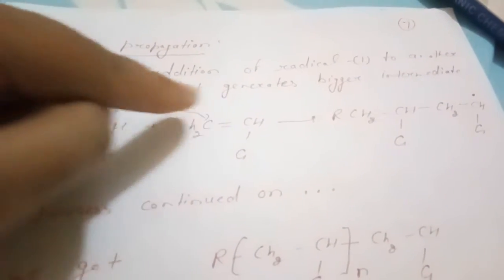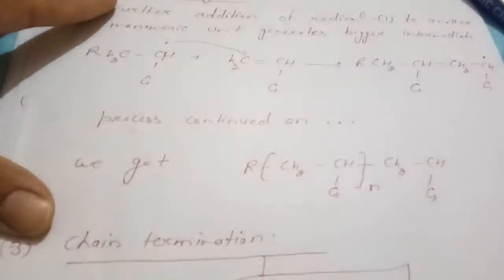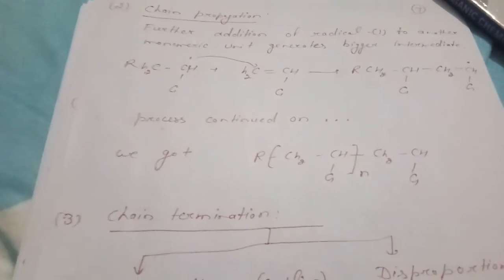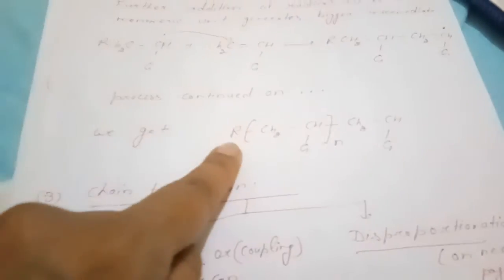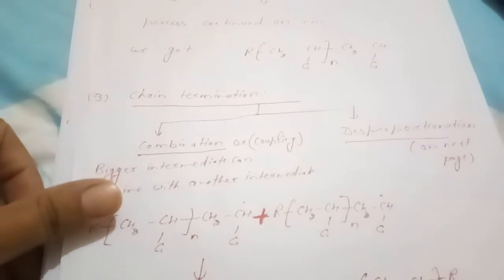In this way, it attacks over here, one electron is used by this and one electron remains with this. So we can write it this way. The process continues, and we get this type of polymer.